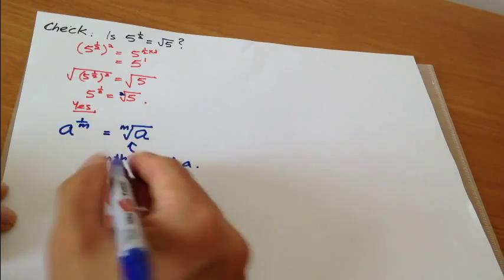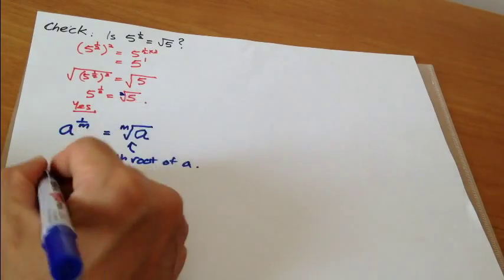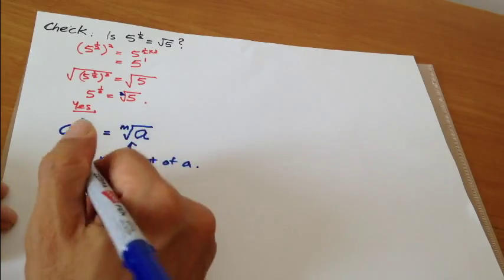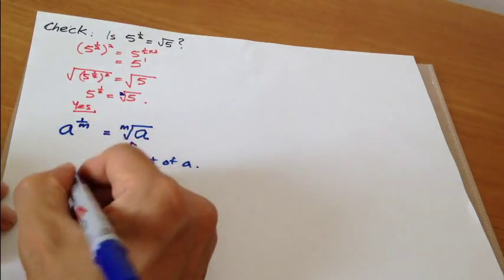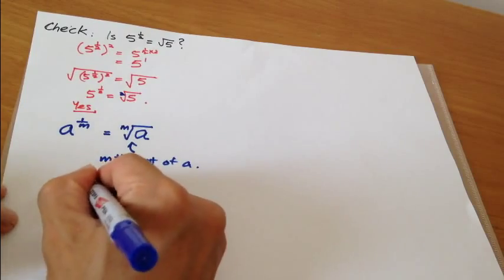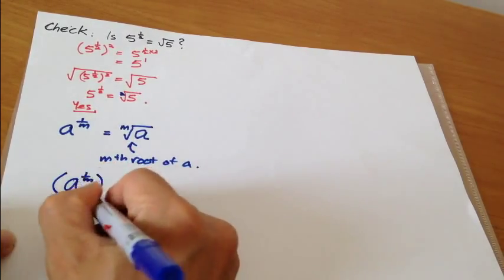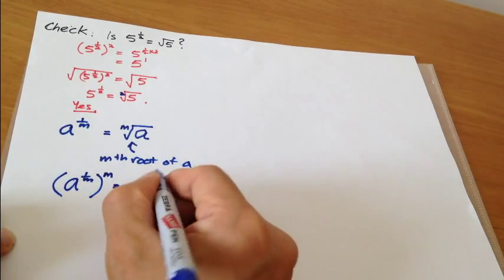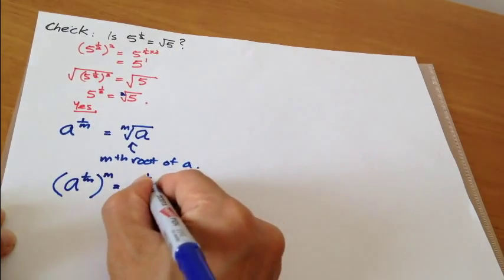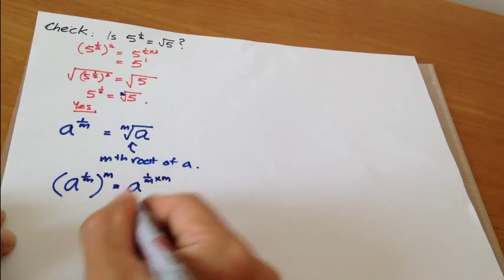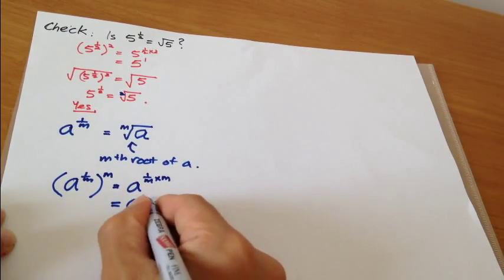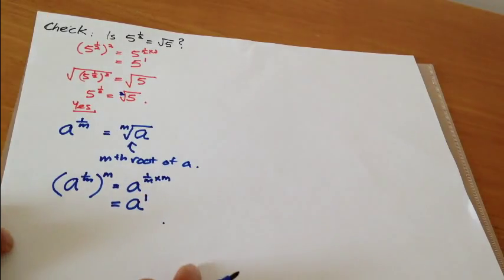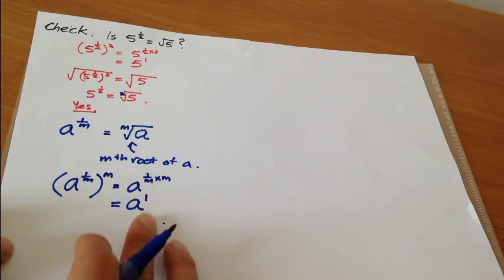So let's check whether this is actually true. If I consider a to the power of 1 over m, and I raise this whole thing to the power of m, then this will be just a to the power of 1 over m times m. So the index becomes 1, a to the power of 1.